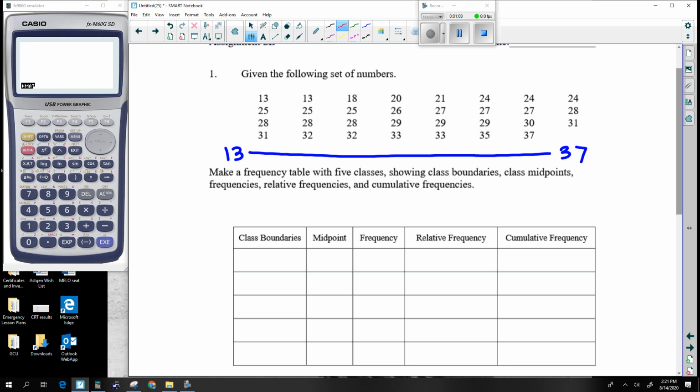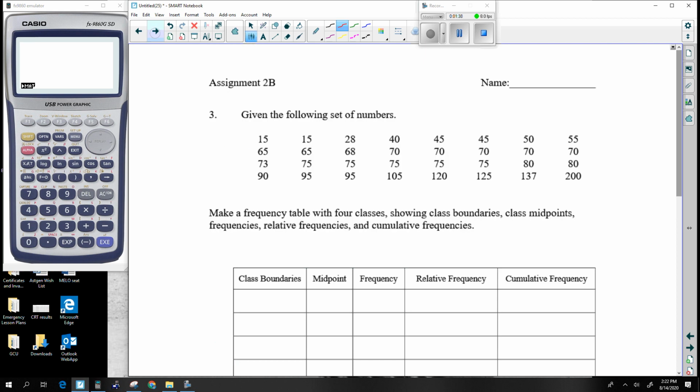And we are going to split it up into 5 equal-sized chunks. Where I'm getting this 5 is just looking at the table, I see that I have to break it up into 5 different categories.